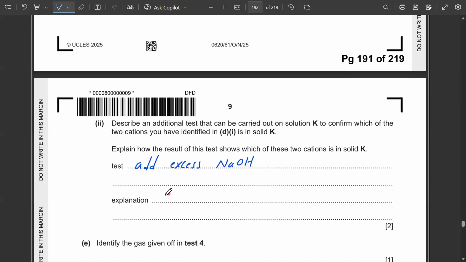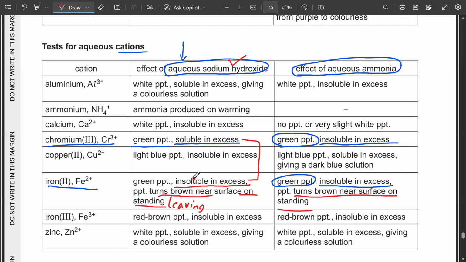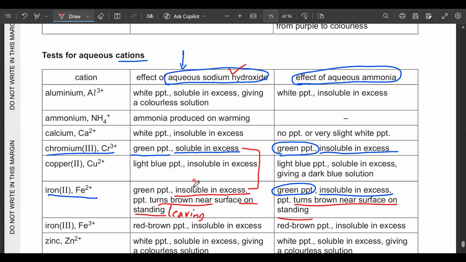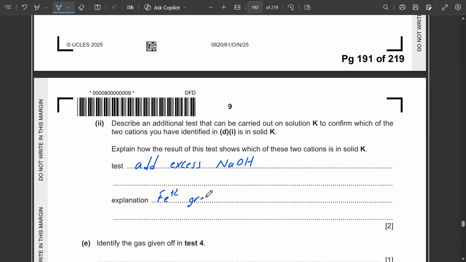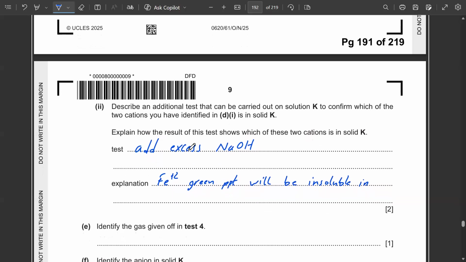So, explanation: we have seen that the iron plus 2 green precipitate will be insoluble in excess.